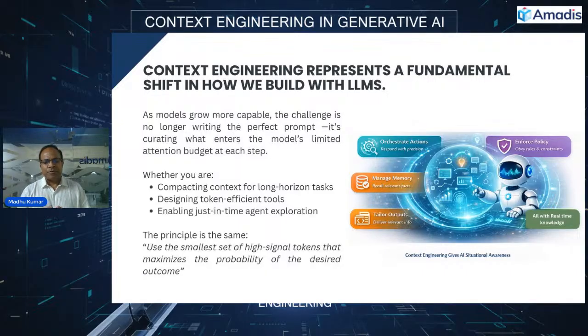Because LLMs fundamentally are probabilistic equations, the way you tokenize it, the way you vectorize it, the way you have the embeddings. So as long as within the context, within the memory, you create high signal tokens which will give you the most probable answer, context engineering at an enterprise level will be a sure shot winner.